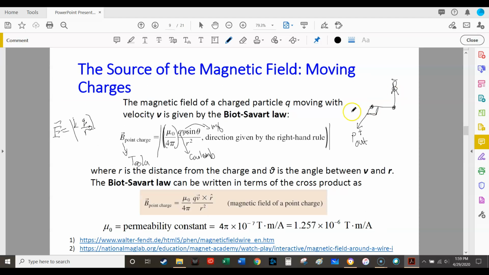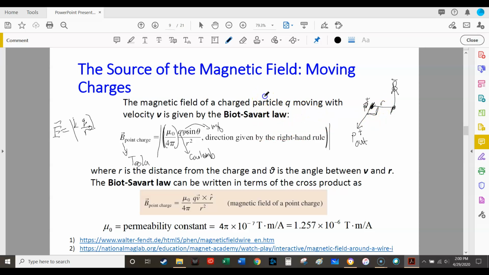So here's our velocity of our proton. Here's where our little proton is, right here, and it's moving out of the page, okay? And this is the distance r from here to here. The strength of that magnetic field that is pointed up here, and we found that direction by using the right-hand rule, is related to the amount of charge times its velocity times the sine of theta to account for that angle, right?